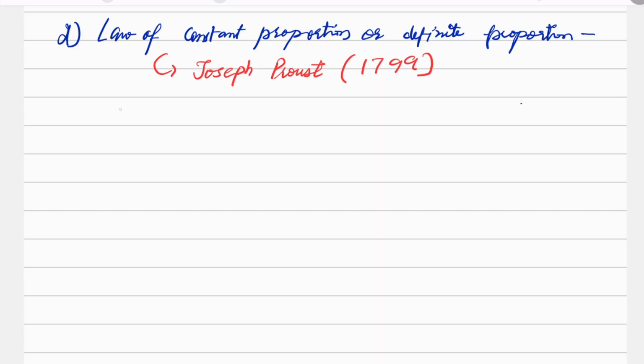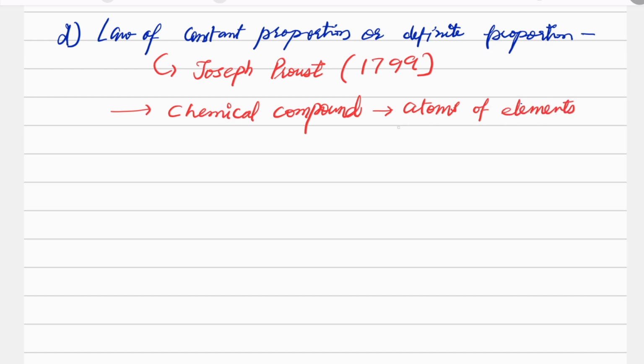This law states that in a chemical compound, which is made up of elements, or we can say atoms of elements, these elements are present in that compound.